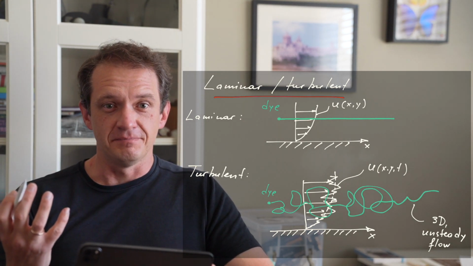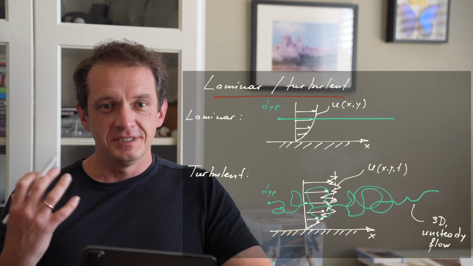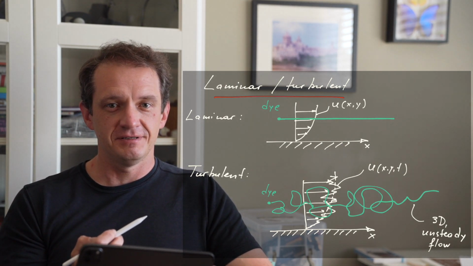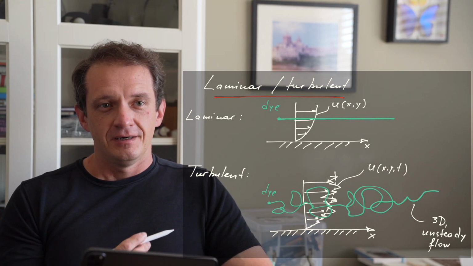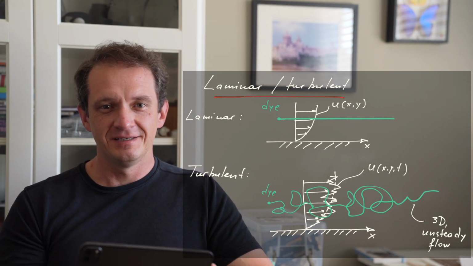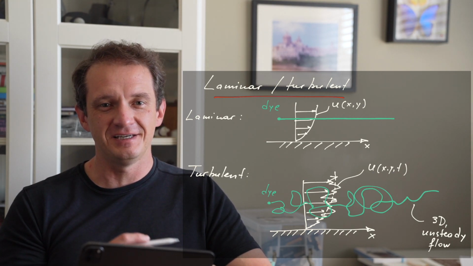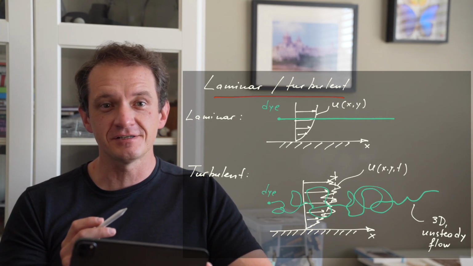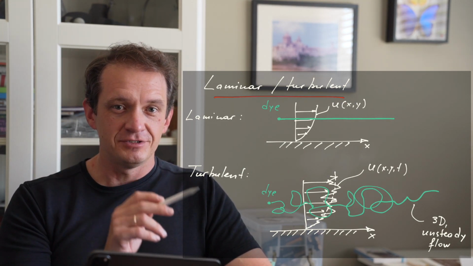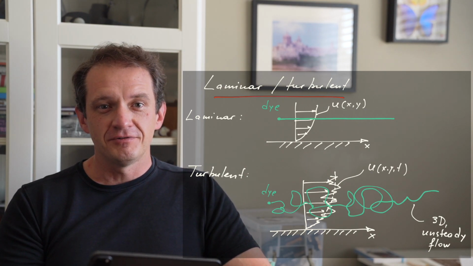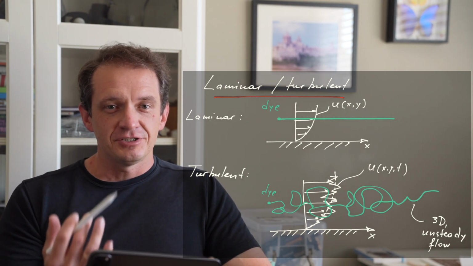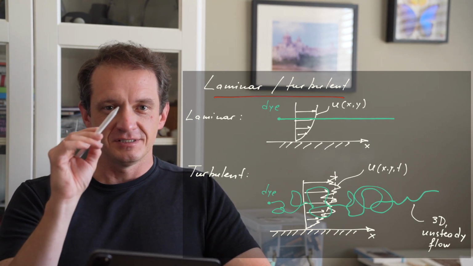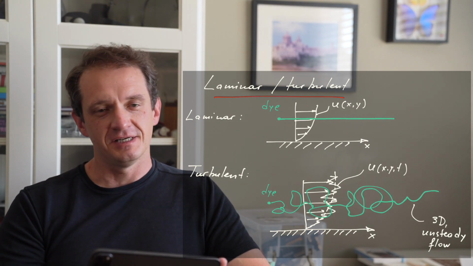So all these scales are present, which makes predicting the details of the velocity profile quite difficult if the flow is turbulent. What also makes it difficult is that even if we're interested only in the time averaged characteristics of the flow, for example, the time averaged velocity profile of a turbulent boundary layer, that shape is influenced by the small scale fluctuations, the high frequency vortices that exist.